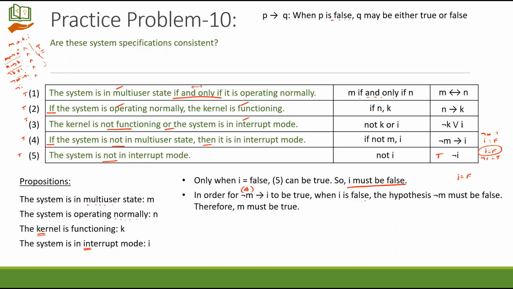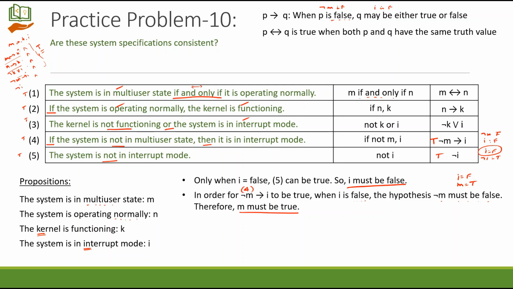So we have to make negation of M false, because when negation of M is false, we need not worry about Q being true or false. So this negation of M should also be false. When negation of M is false, what is the value of M? M must be true. So in order to make this specification true, we are setting the value of M to be true. Now we got the value of two variables.